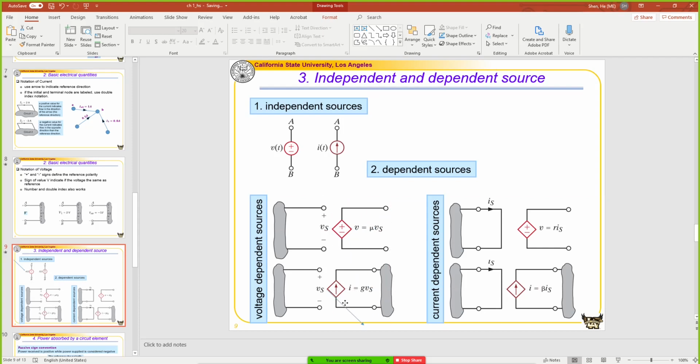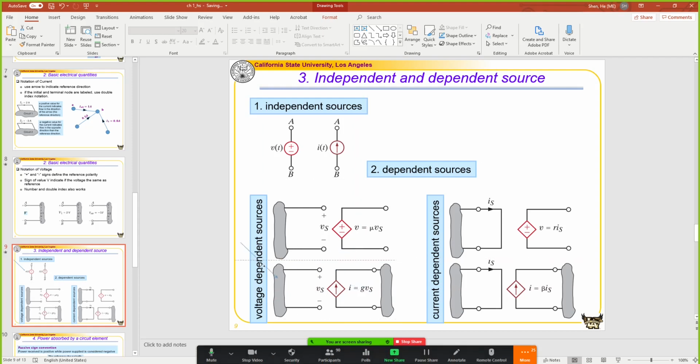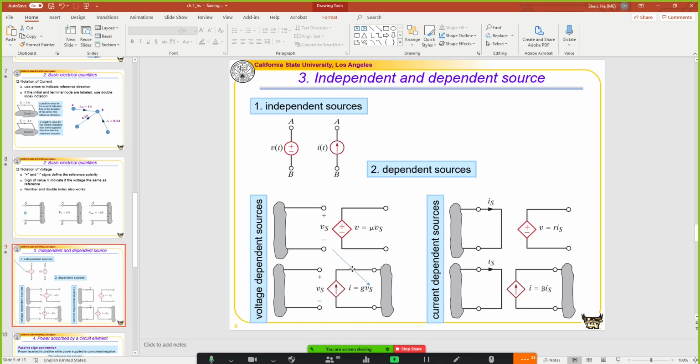Similarly, on this side, it has a current output, and this current depends on another voltage by a coefficient G. This is why this source is called a voltage dependent current source, because it is a current source, look at the symbol.